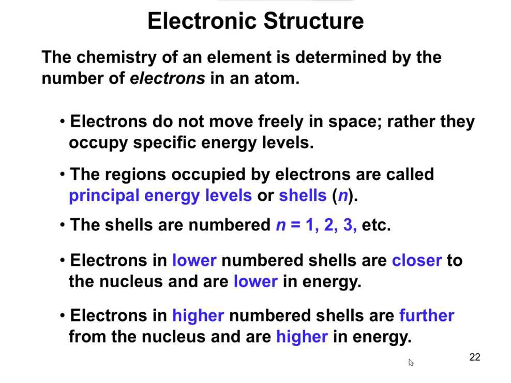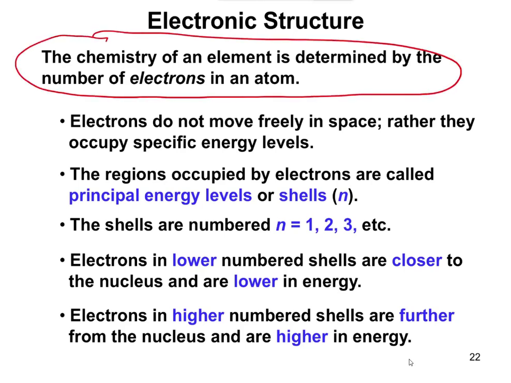One important thing is this very first statement, which says that the chemistry of an element is determined by the number of electrons in the atom. The electrons are what make an element react and do all the work. The protons and neutrons that stay in the nucleus are not really involved in an element's reactivity.